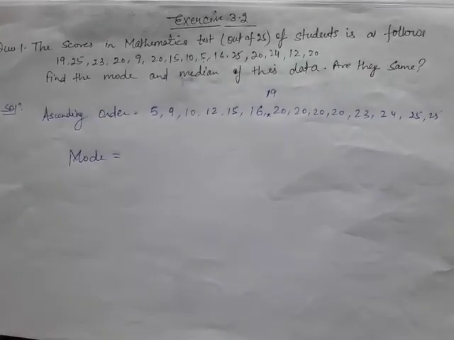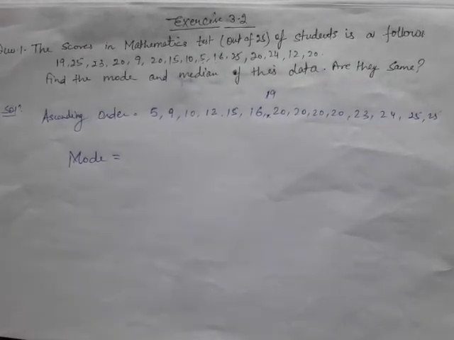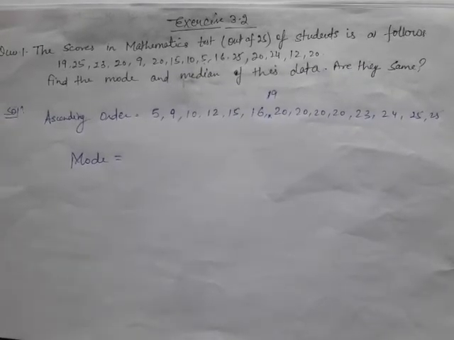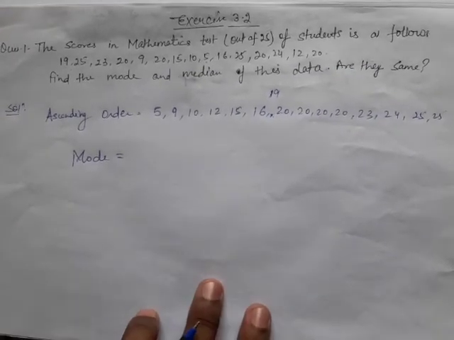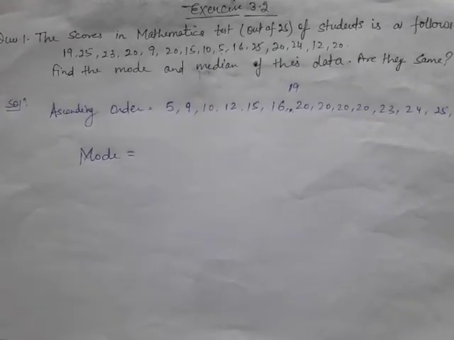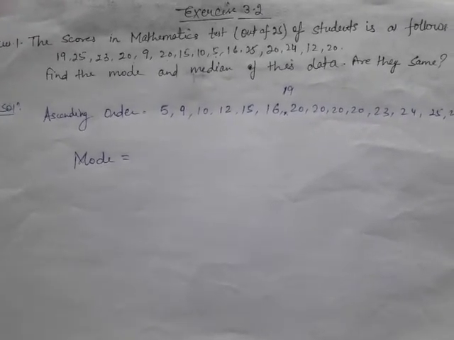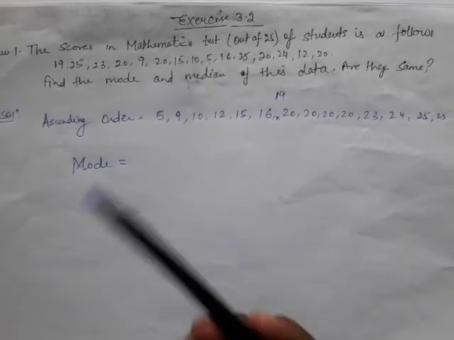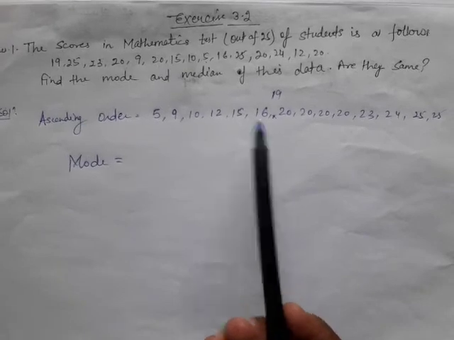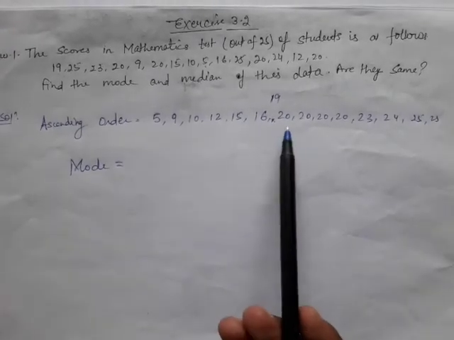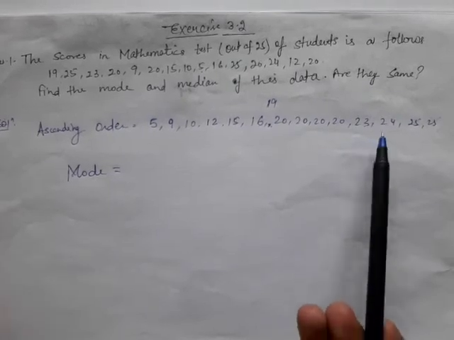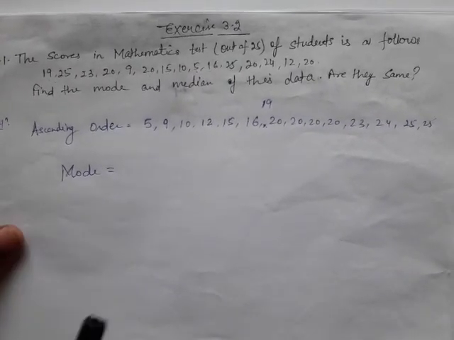So find the mode. Mode means you will see in that data which number's frequency is coming the maximum number of times. 5 one time, 9 one time, 10 one time, 12 one time, 15 one time, 16 one time, 20 four times, 23 one time, 24 one time, 25 two times.